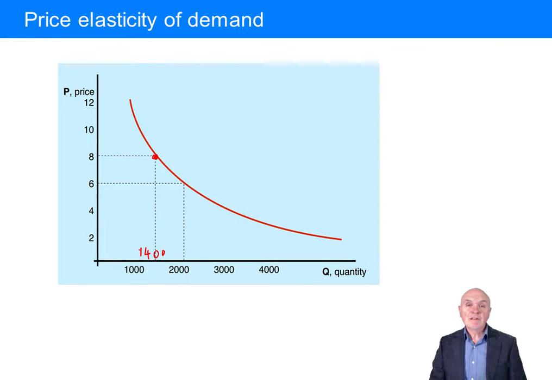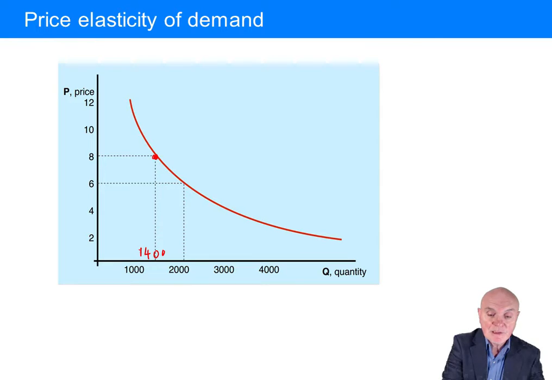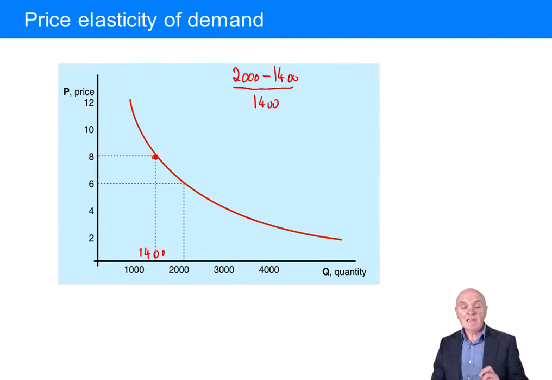So the proportional change in quantity is going to be 2000, that's where it goes to, and it started at 1400. So this is a proportional change in the quantity.